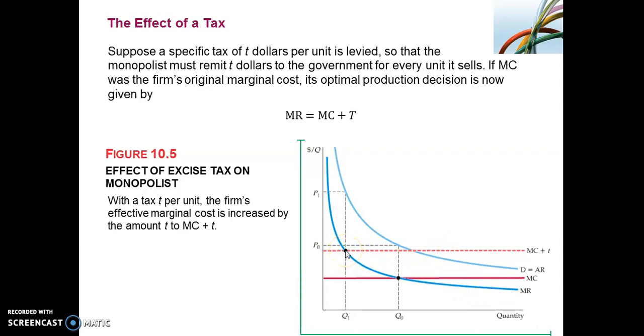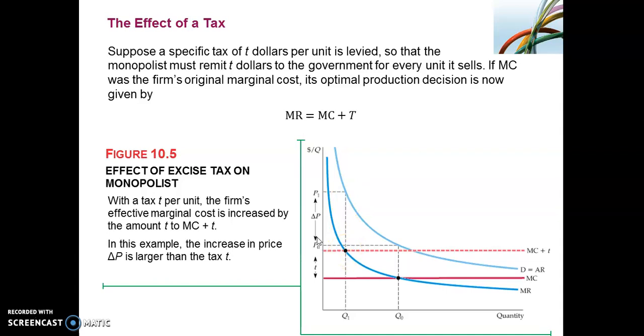So now your output is at Q1. So this is a lower output than before. And price, if we trace it up to the demand curve, is going to be P1. So price is greater and output is lower than before.